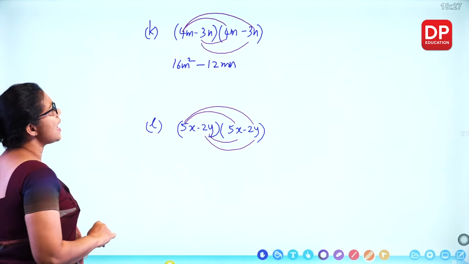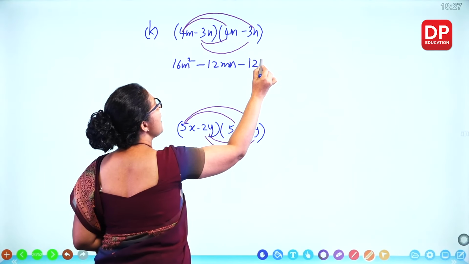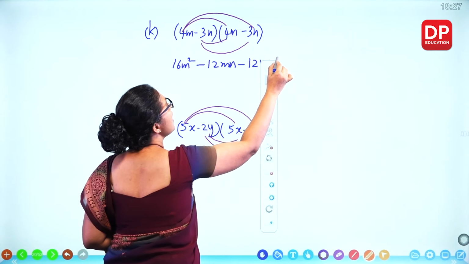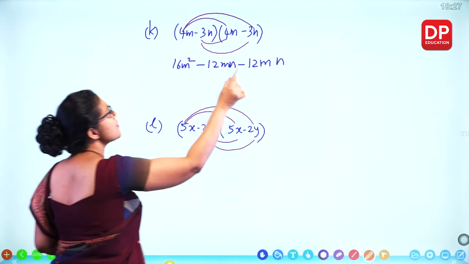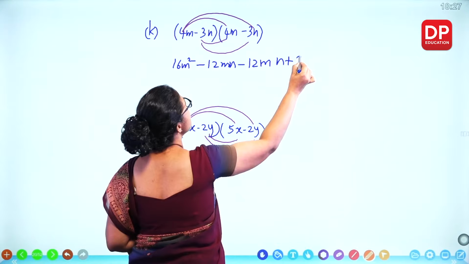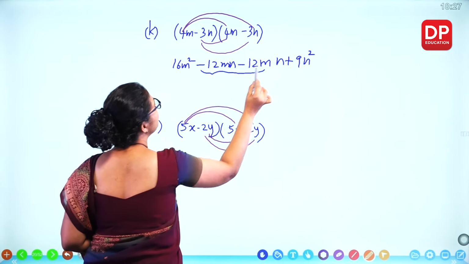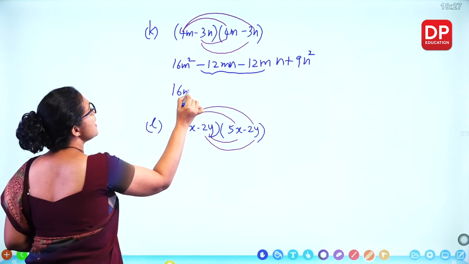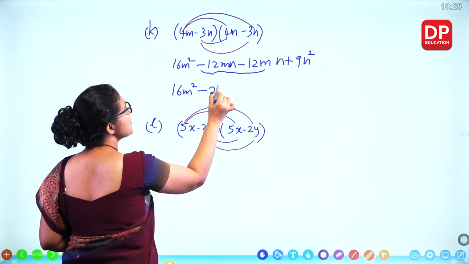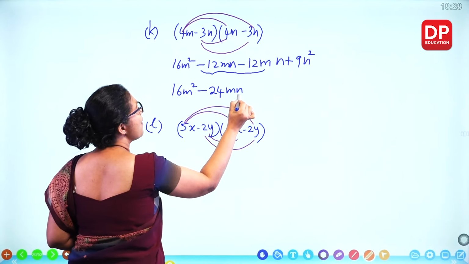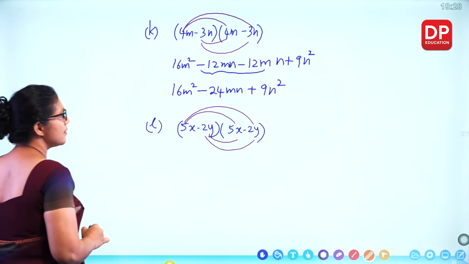Minus 3n times 4m, what you get? Minus 12mn or nm, doesn't matter. So minus 3 times minus 3 becomes plus 9n squared. So when you are simplifying, you get 16m squared minus 12 and minus 12, minus 24mn plus 9n squared.